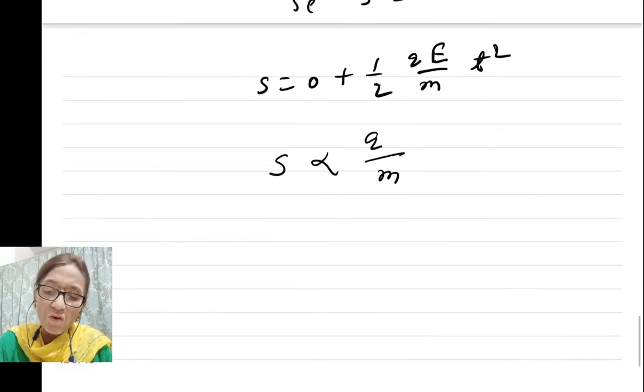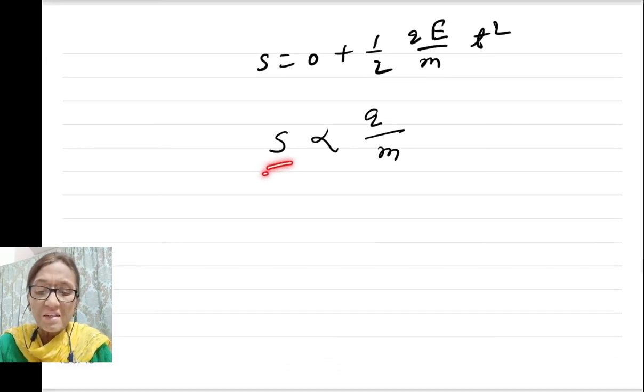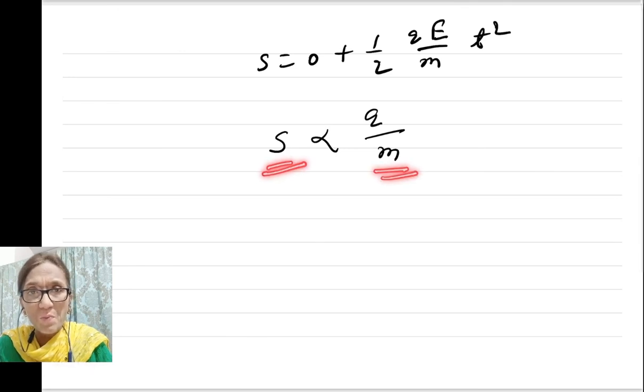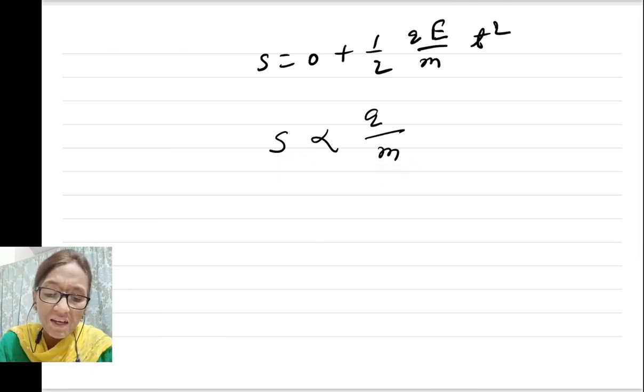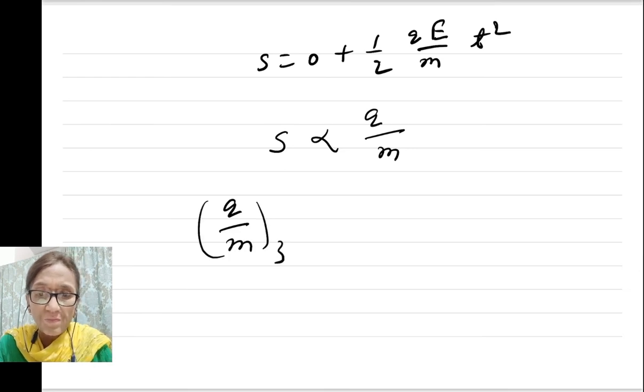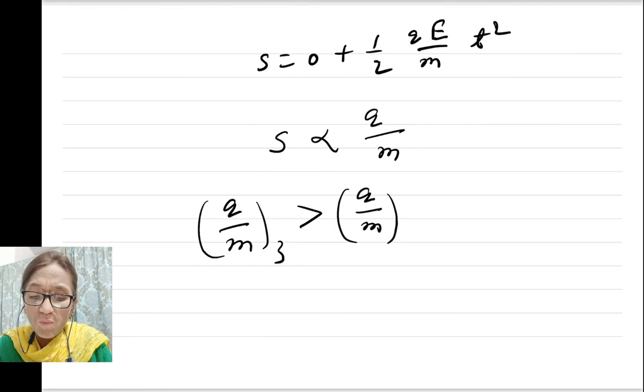And therefore, since vertical distance is proportional to charge by mass ratio, you can say that the charge by mass ratio for particle 3 is the greatest, greater than the charge to mass ratio of particle 2, and that is greater than the charge to mass ratio of particle 1.